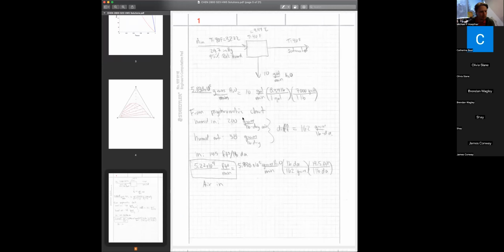So we've got the humid air in 200, humid air out has 38, and then where do I get this grains of H2O per minute? Yeah, so I thought that you would use that and the temperature on the chart to find the humid in and humid out. So that's why I was confused.